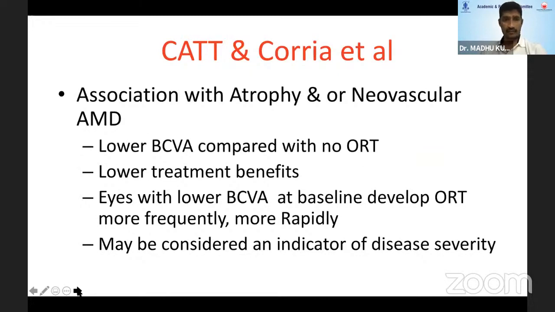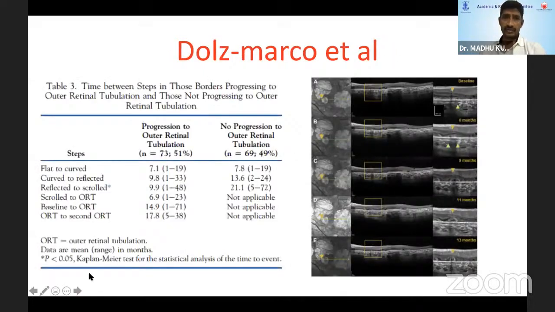Catt et al. told us that lower BCVA is seen in patients with ORT compared to those with no ORT, and there are lower treatment benefits in eyes with ORT. Eyes with lower BCVA at baseline tend to develop ORT more rapidly, and it may be considered an indicator of severity. Dolz-Marco et al. gave a timeline of how ORT can mature from flat to the typical ORT, from 7 months to 17 months.